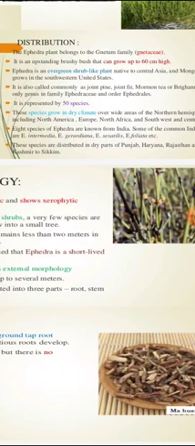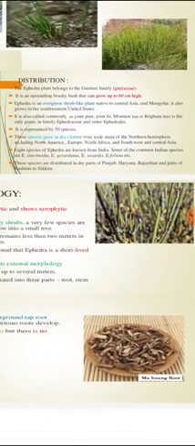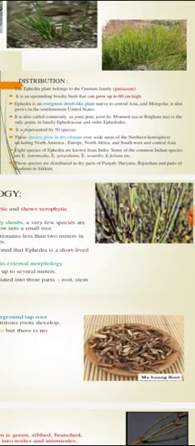It is an upstanding bushy shrub which grows up to 60 centimeters only, that is 2 feet. Ephedra is an evergreen shrub native to Central Asia and South United States. It is commonly called joint pine, as it is reported from this family Ephedraceae.